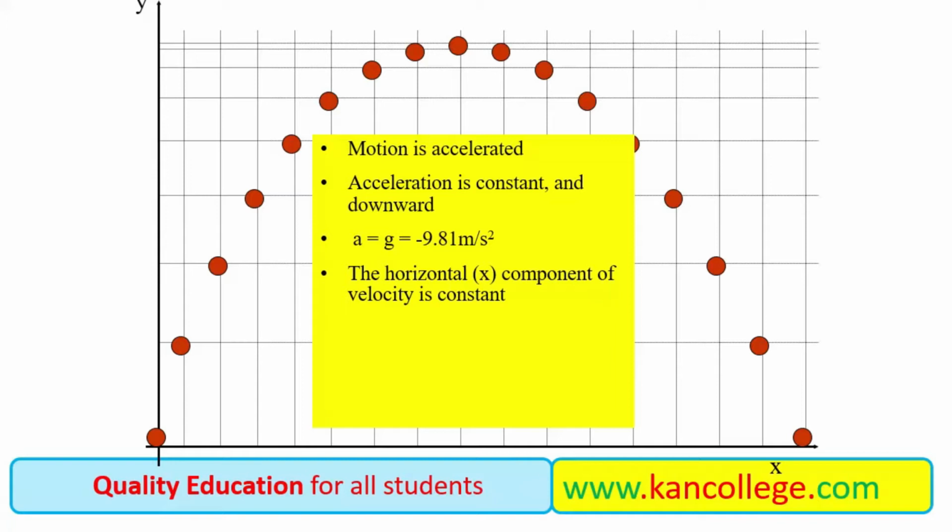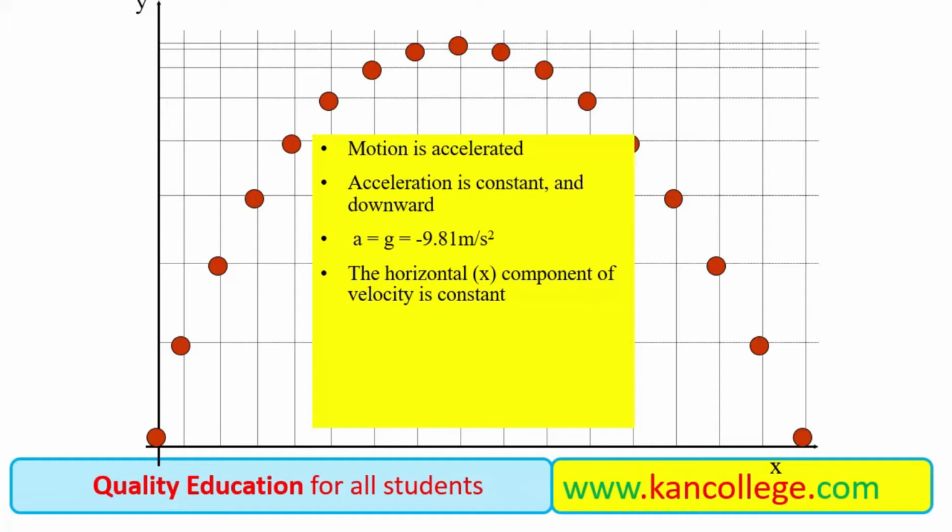It means that when the body moves in the projectile path, with its velocity components, x component and y component, only the y component of the velocity changes, but the x component of the velocity doesn't change, as there is no force along the x-axis. There is only one force acting on the body, and that is the force due to gravity, and this force is along the y-axis.